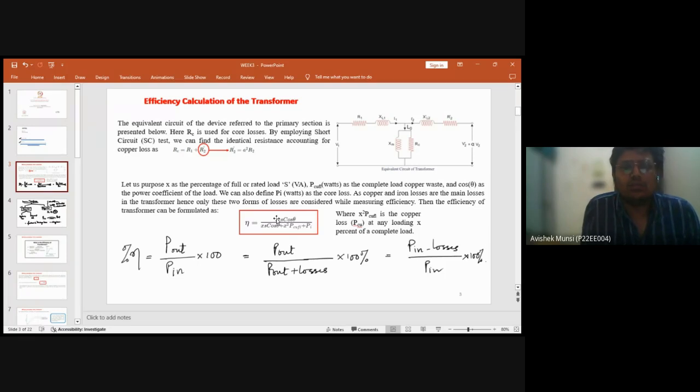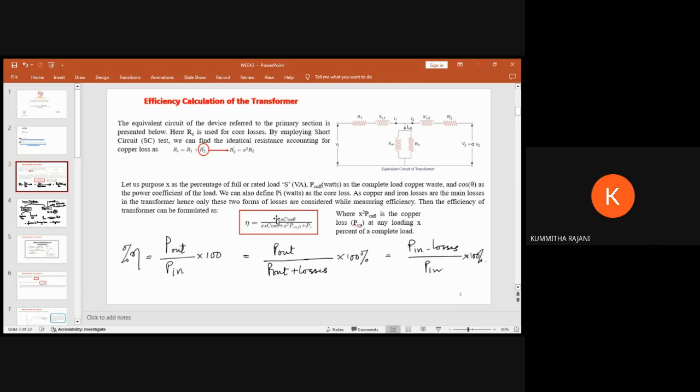We use a load which is lesser than the rated load. Suppose our transformer has a rating of 100 ampere, but we are running it at 50 ampere. So we can say that the transformer is running at half load.